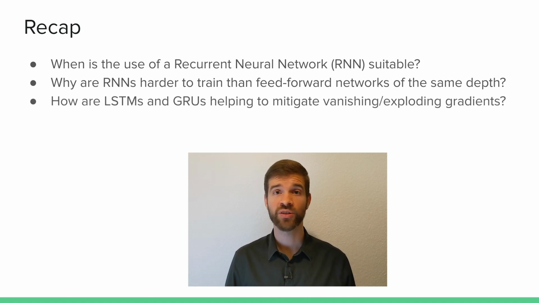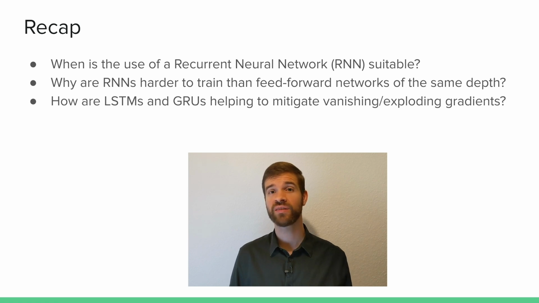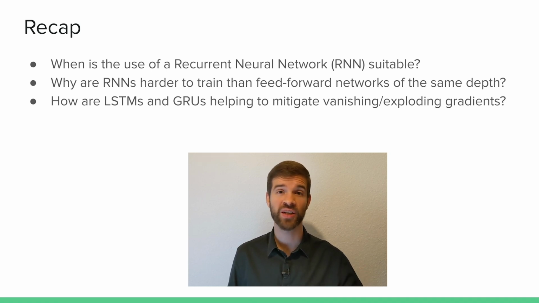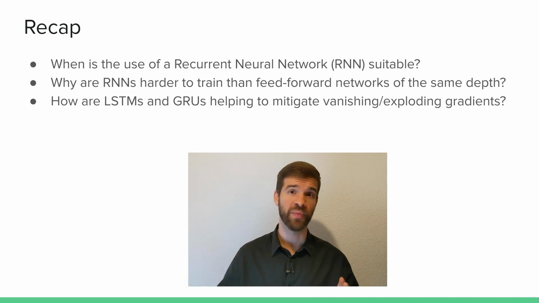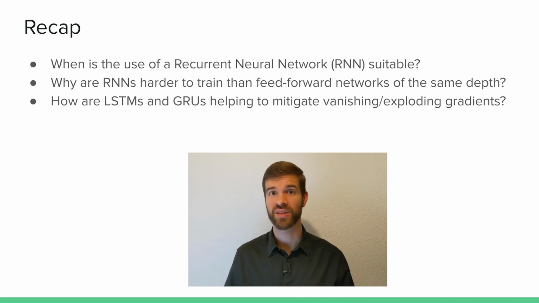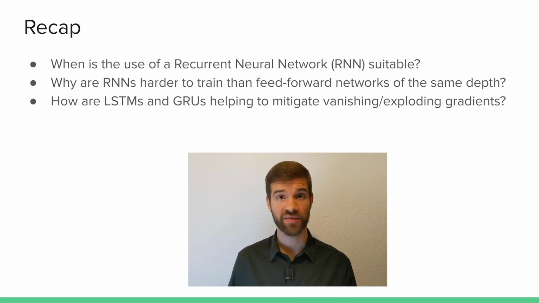LSTMs and gated recurrent units are special types of recurrent neural networks that we took a look at last week. They help us to mitigate the vanishing and exploding gradient, and they do it in basically two ways. One way is they replace the matrix multiplication with addition. So you have your input signal, you have your weight matrix, and you add them instead of multiplying them. The second thing is that they introduce gates.